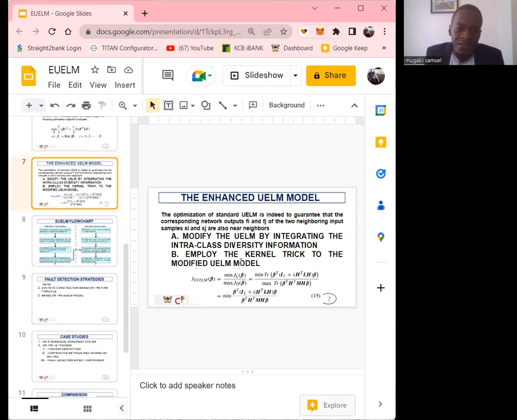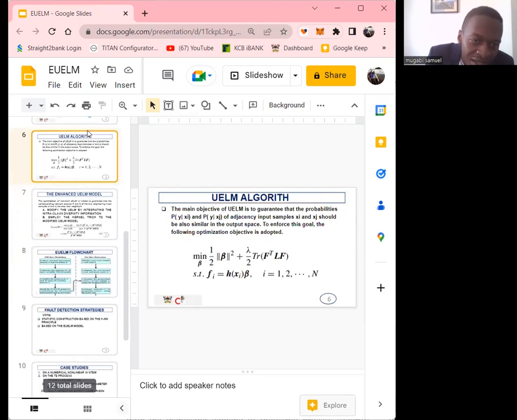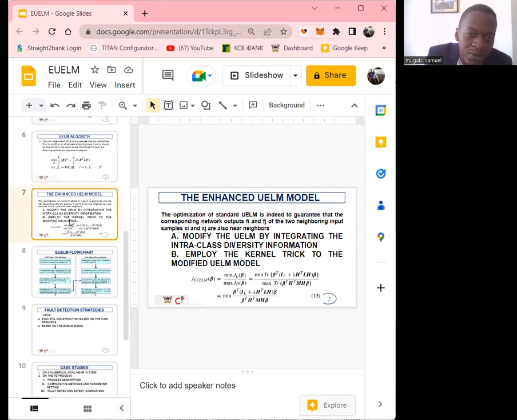Now, the enhanced unsupervised extreme learning model optimizes the unsupervised extreme learning model and works out outputs F1 and F2 so that the two neighboring input samples X1 and X2 are also near neighbors. Mainly, it modifies the unsupervised extreme learning machine by integrating intra-class diversity information and also employs kernel tricks on the modified unsupervised extreme learning model.